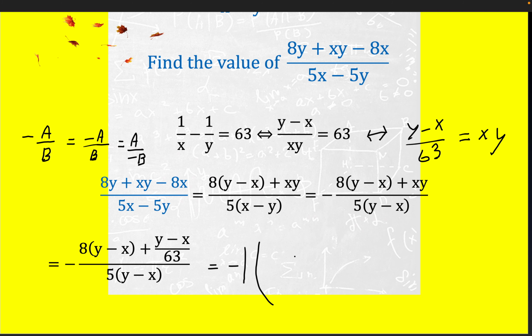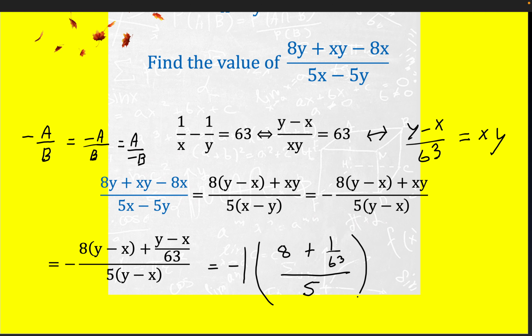It doesn't really help much. But we'll have 8 plus 1 over 63. Again, I'm just emphasizing the minus sign means the same thing as minus 1. It's not necessary to write that down, of course. So we have this all over 5. Okay, now, so we'll just go back to our standard mode here.